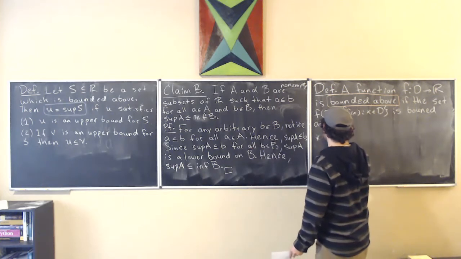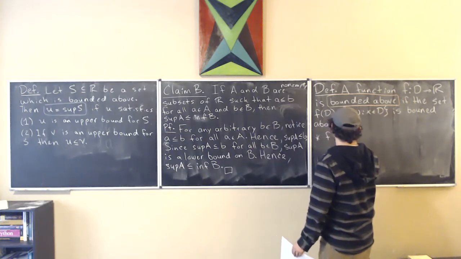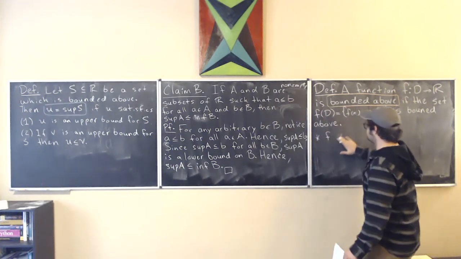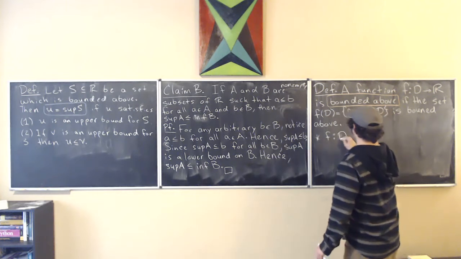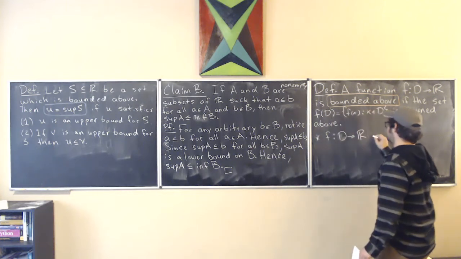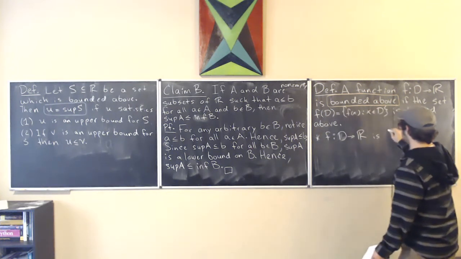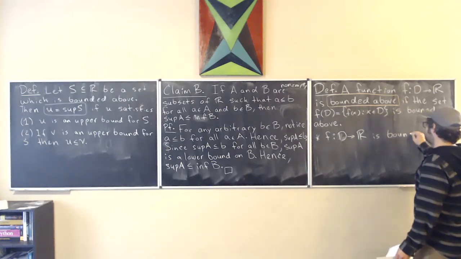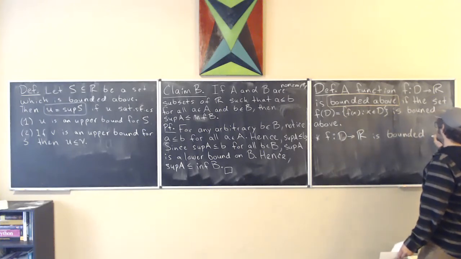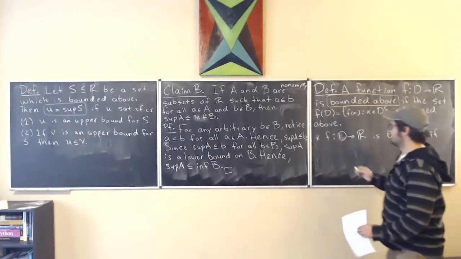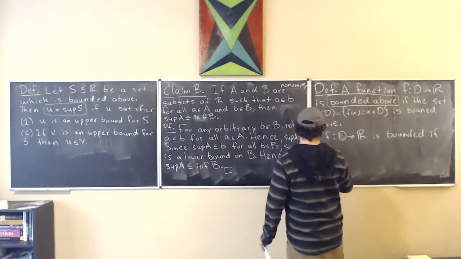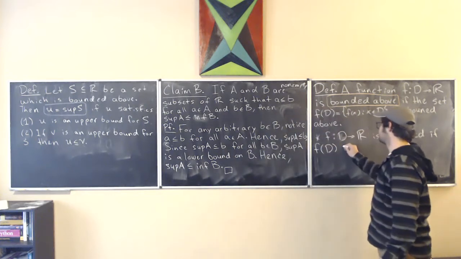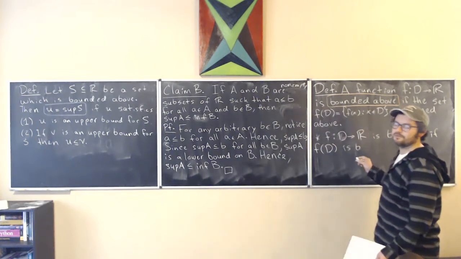So f from D to the real numbers is bounded if the image f of D is bounded from above and below.